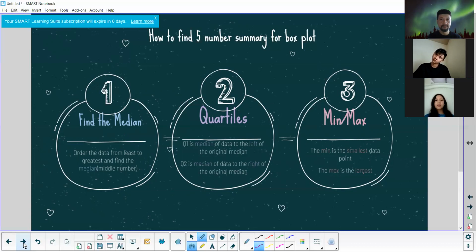Q1 is the median of the data to the left of the original median. Q3 is the median of the data to the right of the original median. Number 3, min/max. The min is the smallest data point. The max is the largest.